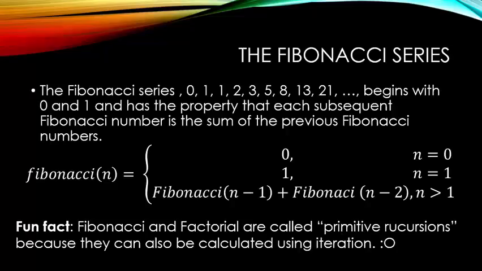Here we have its formalization. Fun fact, Fibonacci and factorial are called primitive recursions because they can also be calculated using iteration. So well, let's implement this in the C language.